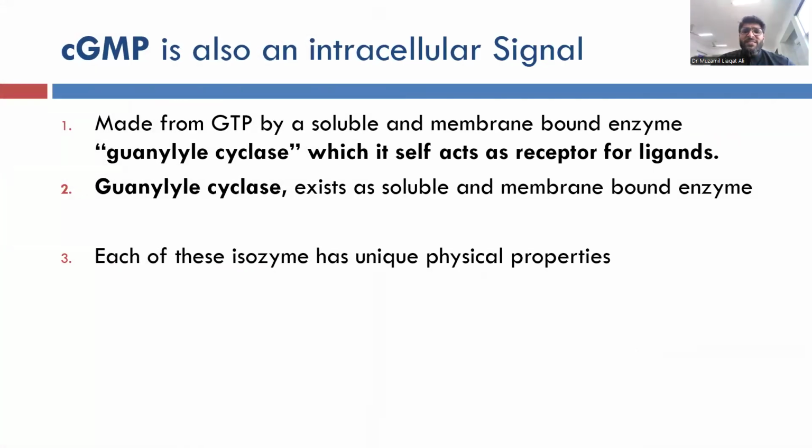Okay. Now let's outline the different types of signaling transduction, right? Let's summarize the four major signal transduction pathways we have studied so far. The very first one is the cAMP pathway that is directly linked with the GS protein, with rapid amplification via protein kinase A. The next one is the cGMP pathway that we are going to discuss in this lecture, directly linked with guanylyl cyclase, responsible for smooth muscle relaxation and vasodilation.